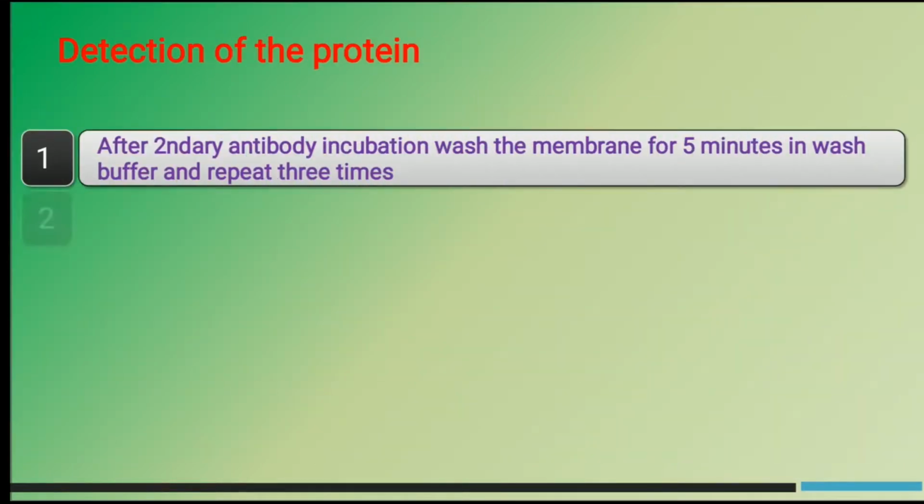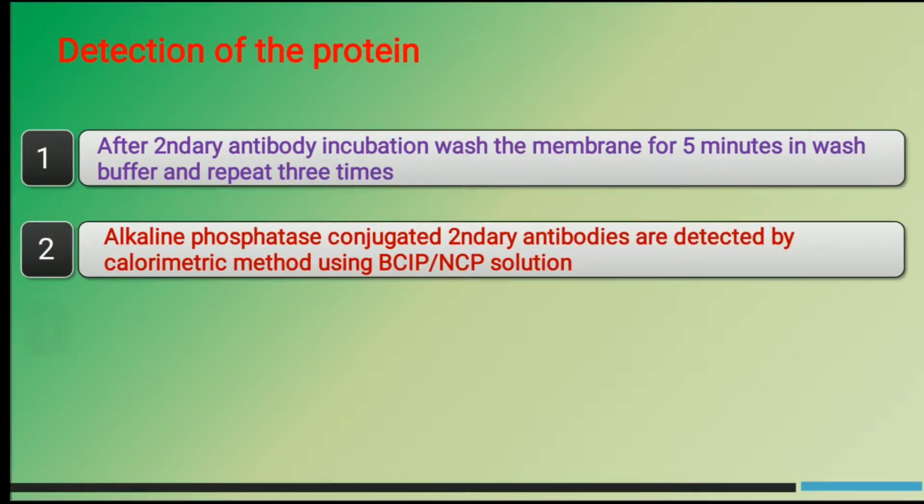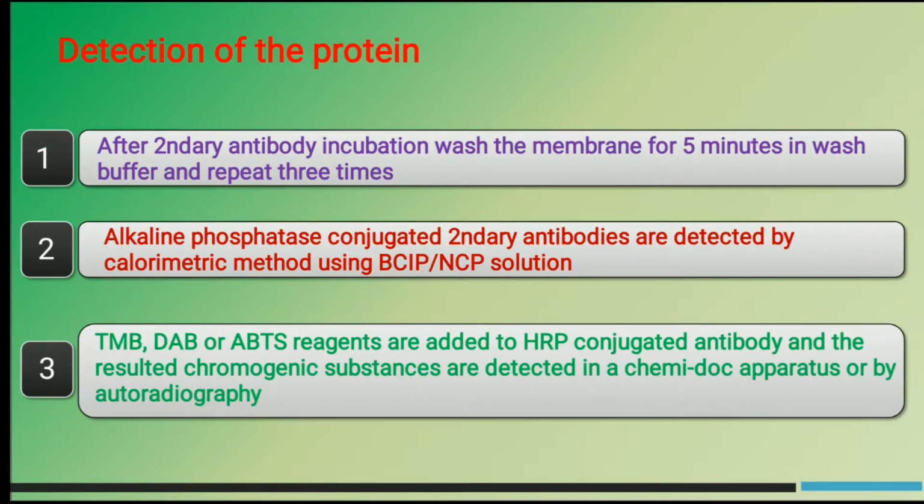Now we will see how the protein is detected after incubation with secondary antibody. After secondary antibody incubation, the membrane is washed 3 times with PBS or TBS buffer. If the secondary antibody contains alkaline phosphatase, it is detected by a colorimetric method using BCIP and NBT, and we can visually see thick brown bands over the membrane.